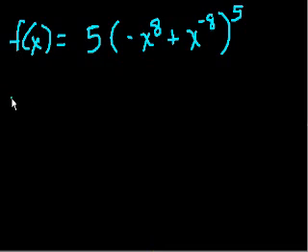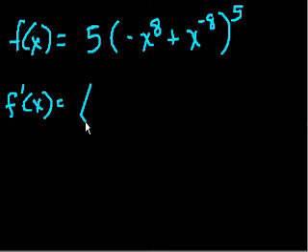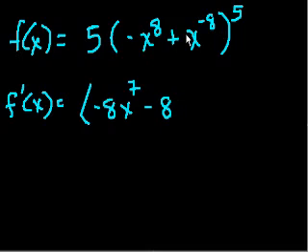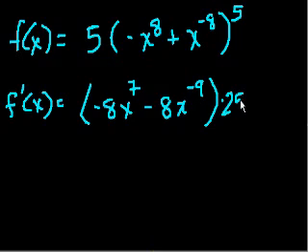So if I want to figure out f prime of x, I just take the derivative of this inner function, I guess I could call it. So that's minus 8x to the 7th, minus 8, because you just take the negative 8, x to the minus 9th, times the derivative of this larger function, so 5 times 5 is 25, times something to the 4th, right?